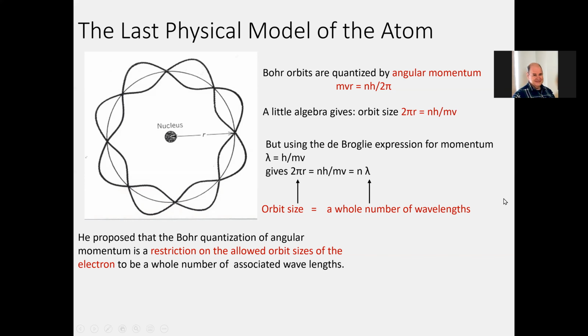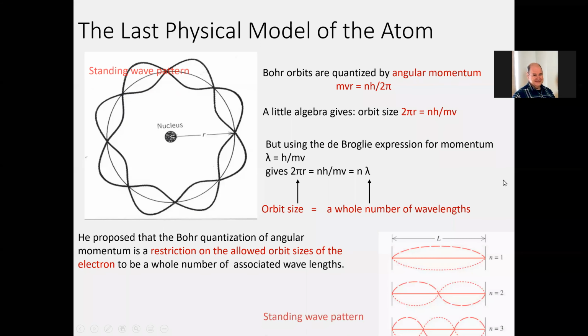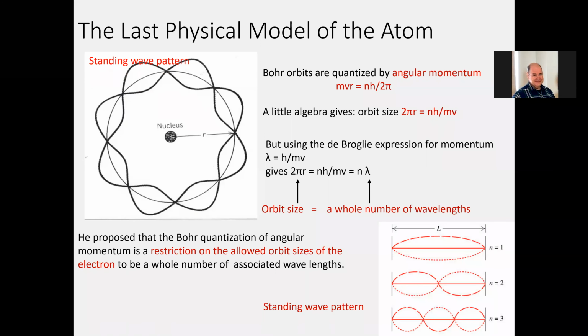Not a crazy idea, but it's very much couched in classical physics ideas, because these waves, structured in this way, are a good example of what we call standing waves.